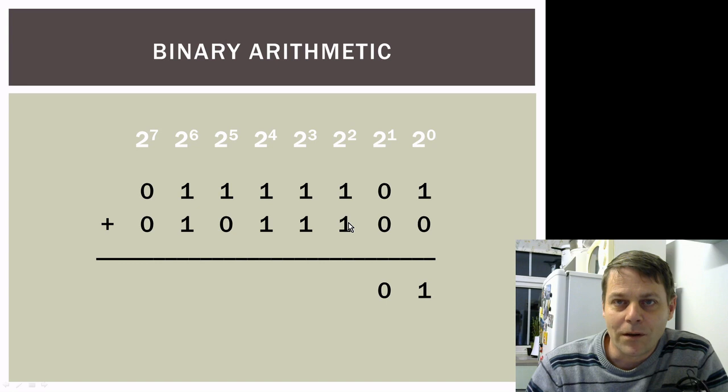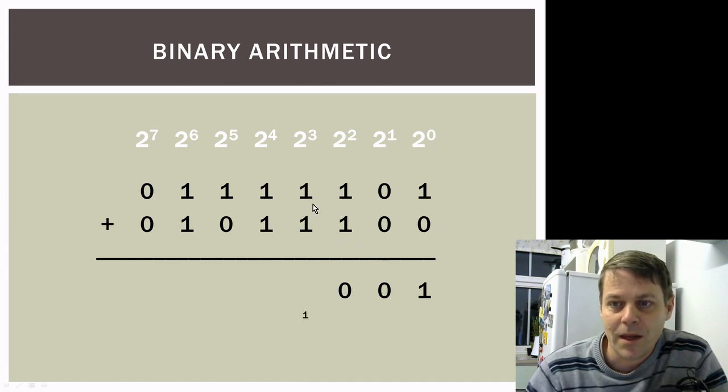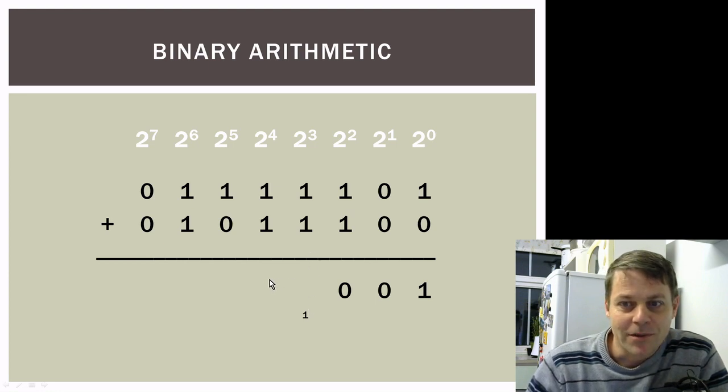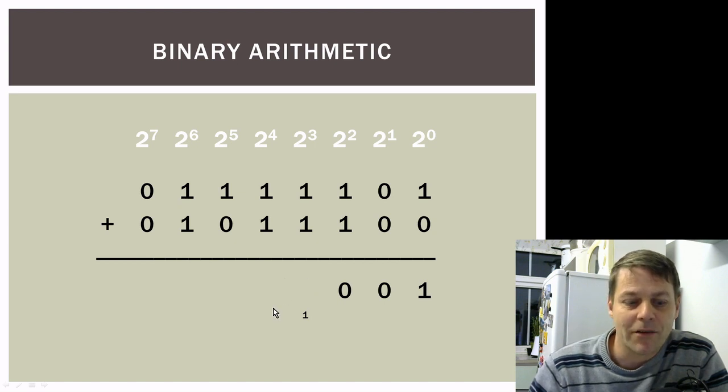So 1 and 1 is 0 carry 1. So we write 0 here and carry 1 over into this column. Now we have 1, 1 and 1, which is 3. In binary that is represented by 1, 1. So we put 1 in this column, carry 1 over.